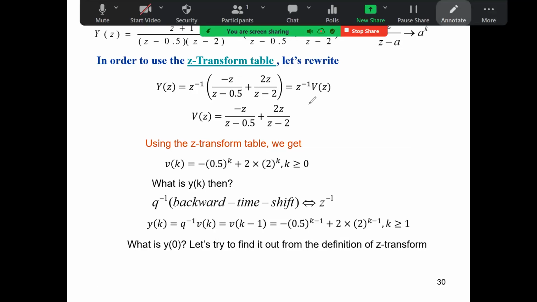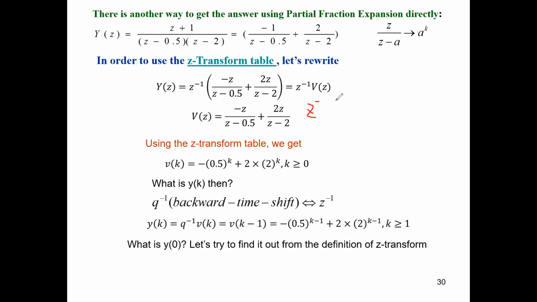Here is V of z. What is V of z? V of z is v0 plus v1 z to the minus 1 plus v2 z to the minus 2. If you multiply by z to the minus 1, what do you get? There is no constant term.